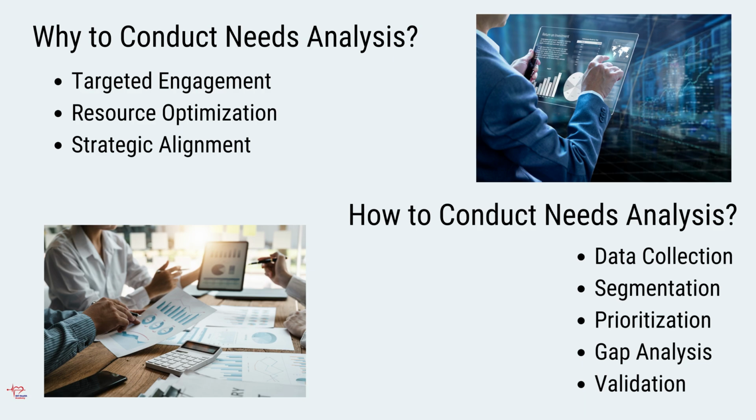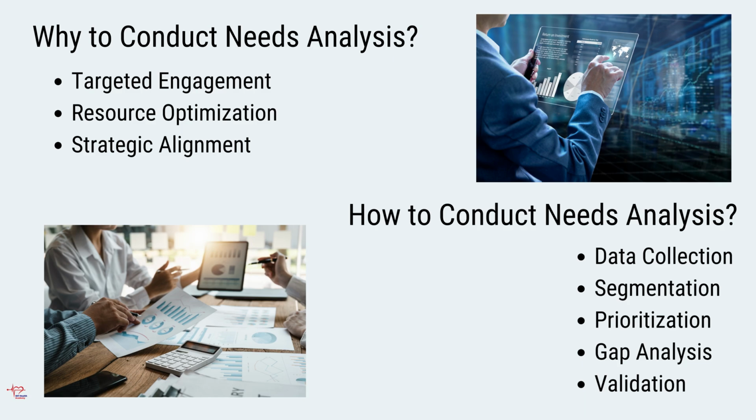Finally, you can do some validation or pilot some trial in order to validate the findings that you came out with some key stakeholders to ensure accuracy and comprehensiveness. So, the steps that you need to follow are: collect data, do the segmentation, do prioritization, and prioritization, as we mentioned, ranks the needs of each stakeholder group based on the urgency, impact, and feasibility.